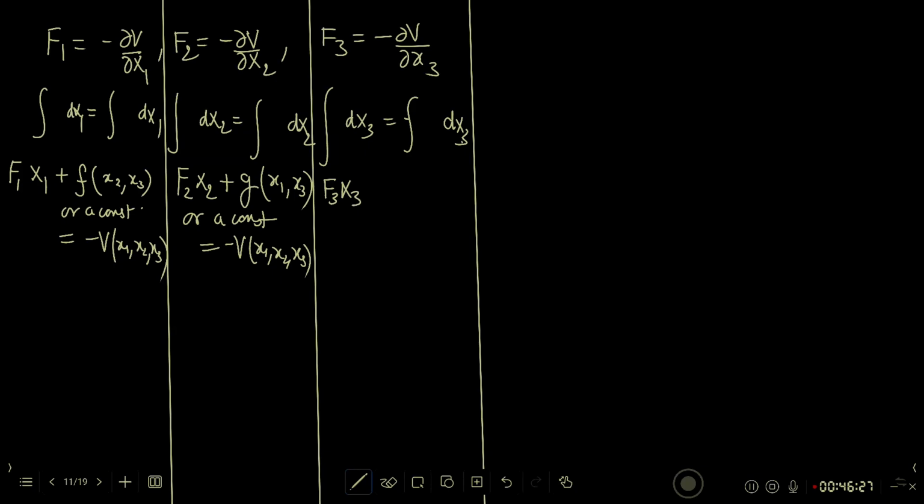Another possible function of x1 or x2 or a constant.